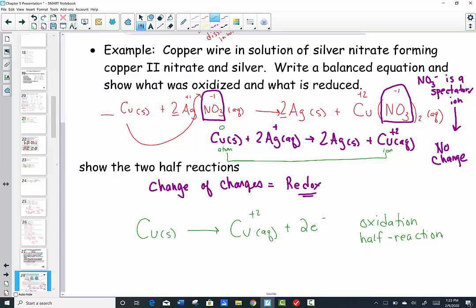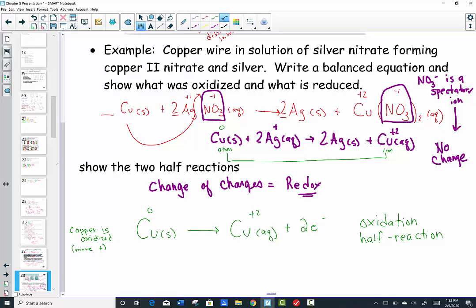Copper lost 2 electrons to go from 0 to +2 charge, an oxidation half reaction. Copper is being oxidized. It became more positive by loss of electrons.